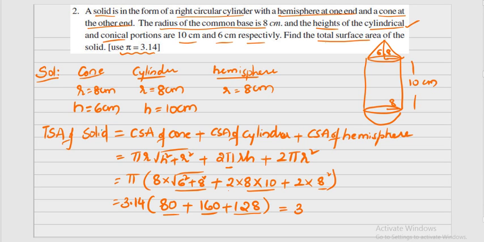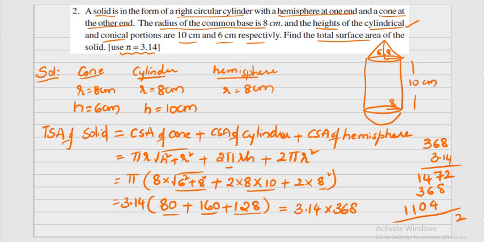Now from this what am I going to get? 3.14 into 368. Now do the multiplication, so 368 with 3.14. 4 8s are 32, 3 is carried, 4 6s are 24, 3 27, 2 is carried, 4 3s are 12, plus 2 14. Next with 1, 1 8 is 8, 1 6 is 6, 1 3 is 3. Next 3 8s are 24, 2 is carried, 3 6s are 18, 18 plus 2 20, 2 is carried, 3 3s are 9, 9 plus 2 11.